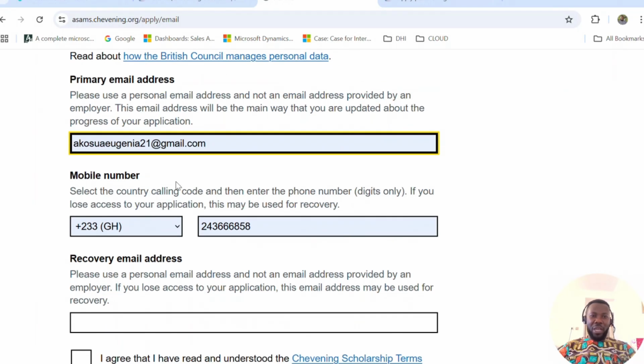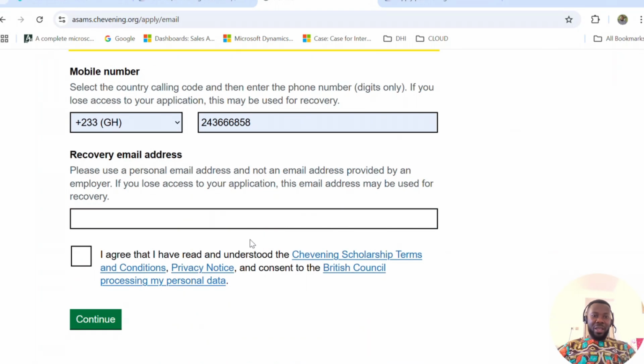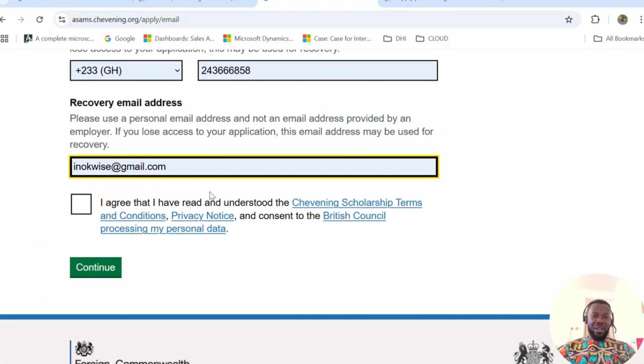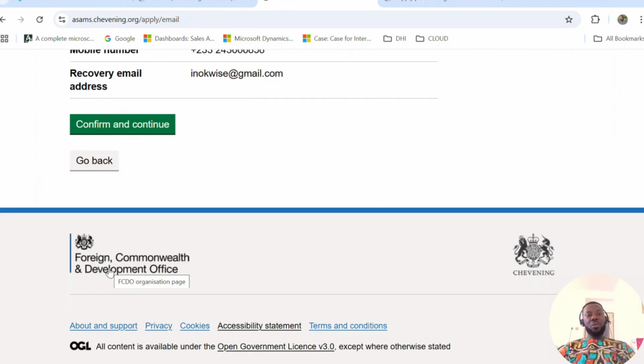Because I already have them, but if you have never entered any information on your PC, or you are doing it on a new PC, you have to type everything, your email address, and then your phone number. Let's say recovery email address will be this one, and then I agree that I have read and understood Chevening Scholarship terms and conditions. If you have not read it, you can click on it and read thoroughly. Yes, I have done that, and then you click on continue.